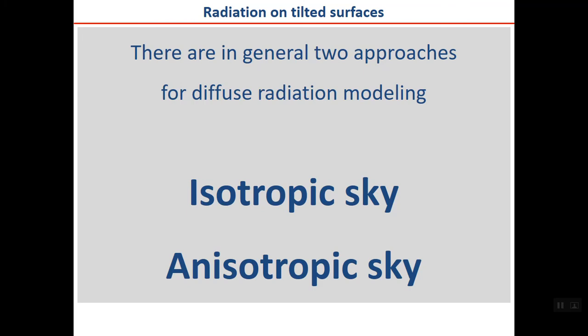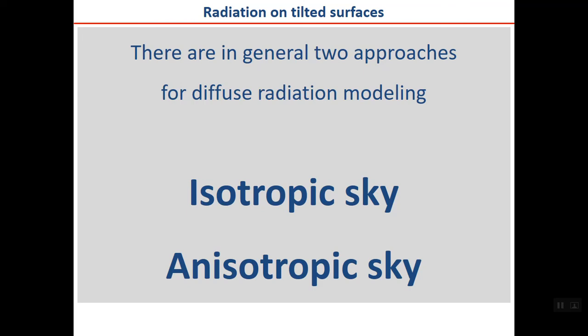There are in general two approaches for diffuse radiation modeling. The first is isotropic sky. The second is anisotropic sky. In the isotropic sky model, the sky is considered as isotropic. It means that the solar radiation in the sky dome from every direction is the same, the diffuse part.